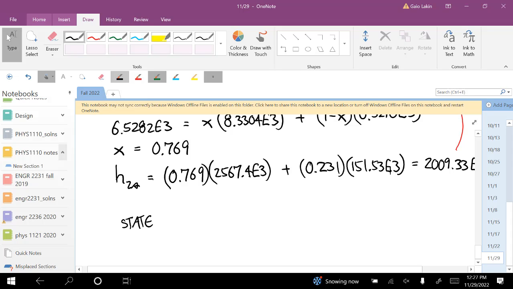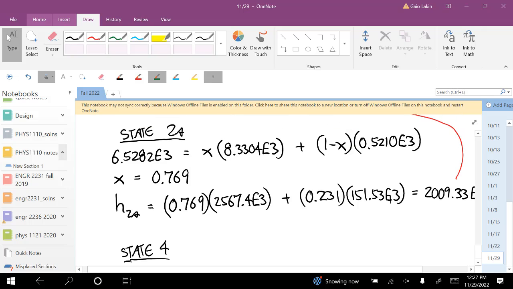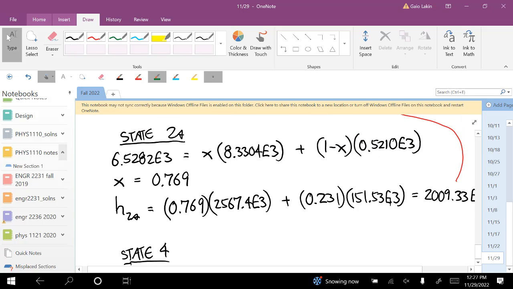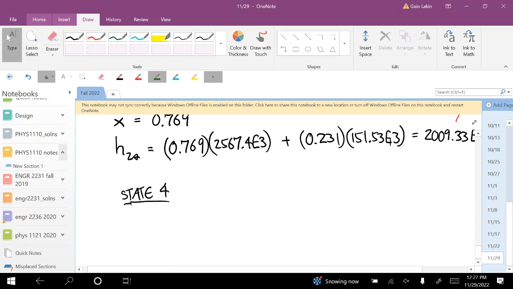So now let's see what we know at state 4. Well, for the pump, we have that alternate form of assuming an incompressible material that says W dot over M dot is equal to H4 minus H3.